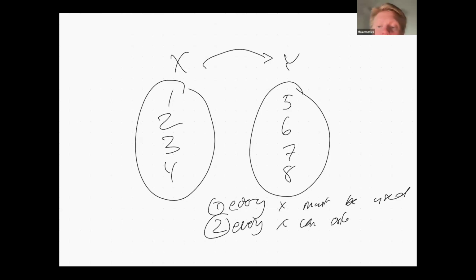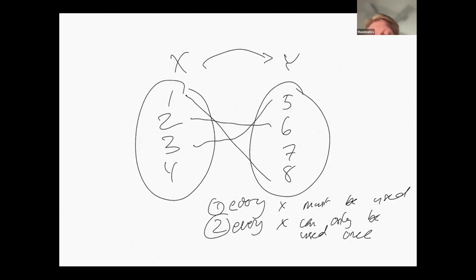So for example, 1 can go to 8, 2 can go to 6, 3 can go to 5, and 4 can go to 7. This checks both rules. Every x was assigned to something in y, and every x was assigned only once. So that's okay. There's nothing wrong with that.